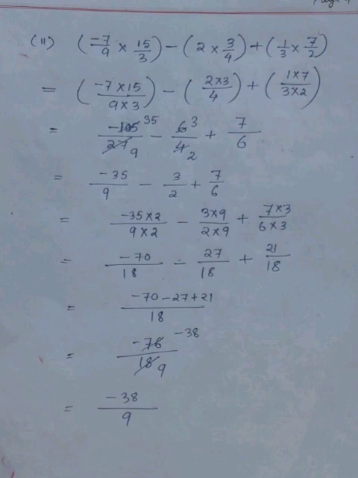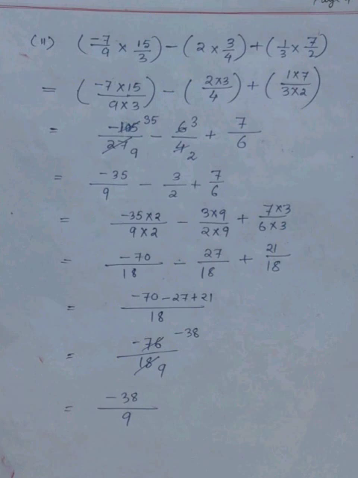The second term is minus 6 by 4. We have to convert this also to standard form, 3 by 2, plus 7 by 6. Now we get minus 35 by 9 minus 3 by 2 plus 7 by 6.